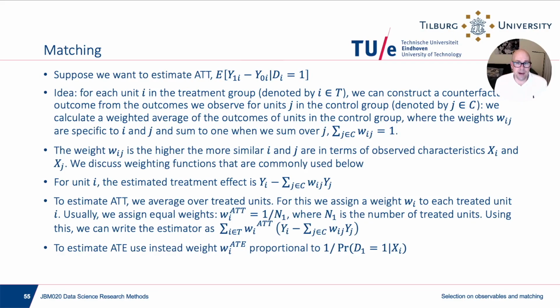Then for unit i, ultimately the estimated treatment effect is going to be the outcome for unit i, again i has been treated, minus some constructed average outcome for control units. So I have here these weights, starting from i, I have weights Wij, and I'm taking the average over units j, and here I have the outcome Yj of these control units.